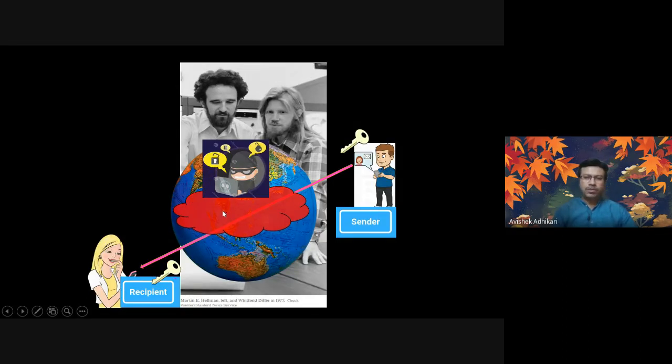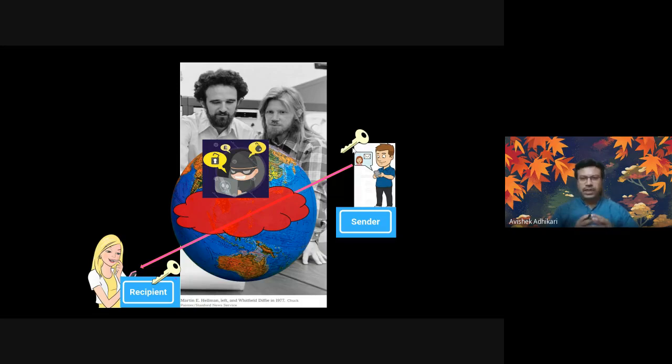That means both sides will have the common key. So I will teach you maybe after 2 or 3 lectures this Diffie-Hellman key exchange protocol in detail, and will show you how another important mathematical problem known as the discrete logarithm problem plays an important role here.